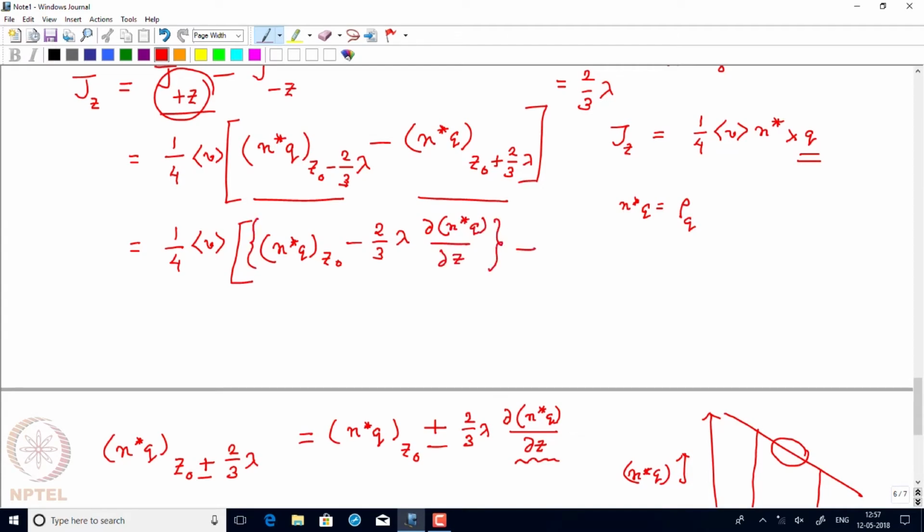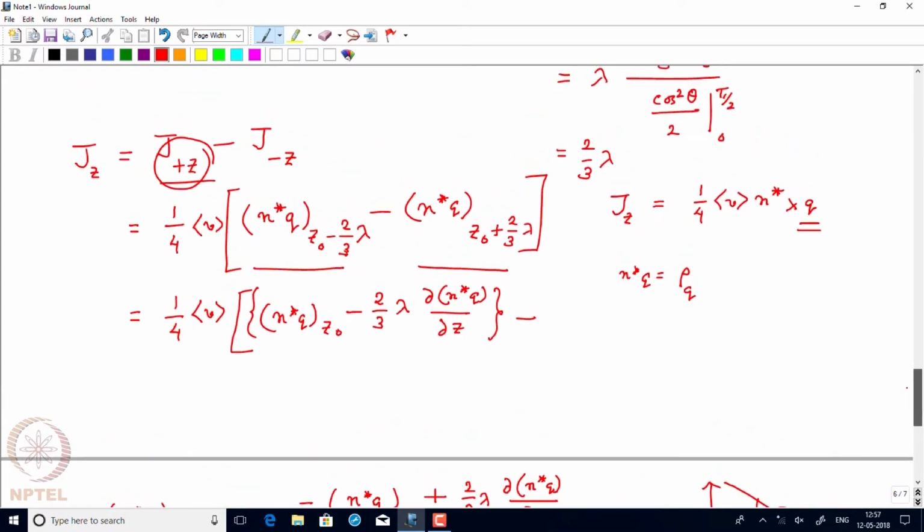Then I have to subtract the net downward flux, which is n star q at z0, plus 2/3 lambda into the same quantity, del n star q del z, with a plus because it is coming from the top layer.